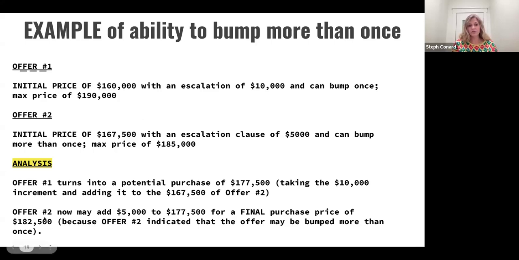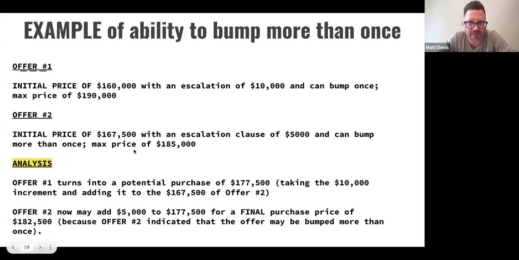Offer number two could add $5,000 to that $177,500 because they said they could bump more than once, for a final purchase price of $182,500. And that's because offer number two indicated that the offer may be bumped more than once. So that's a pretty simple example to show how it can ping pong.